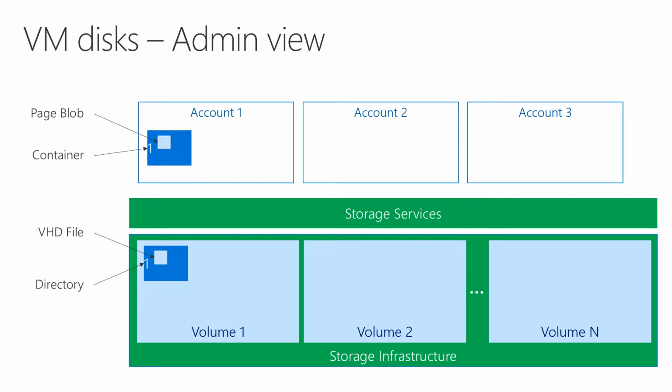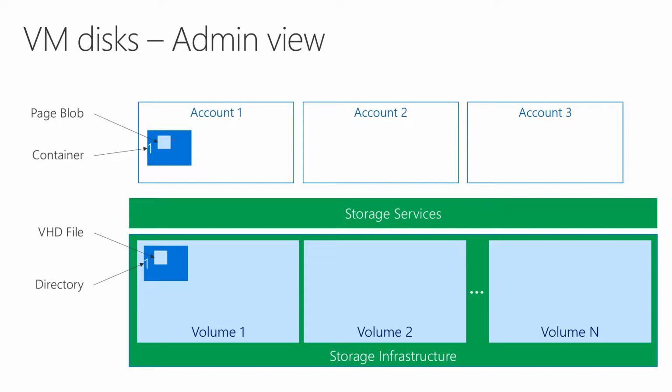From an admin perspective, there are a few things to consider. First of all, a bit about mapping and naming. From the top, we can see we have multiple storage accounts, 1, 2, 3. Within our storage account, we have a container, container 1, and container 1 contains a page blob. This can be translated to a volume, a directory, and a VHD file.